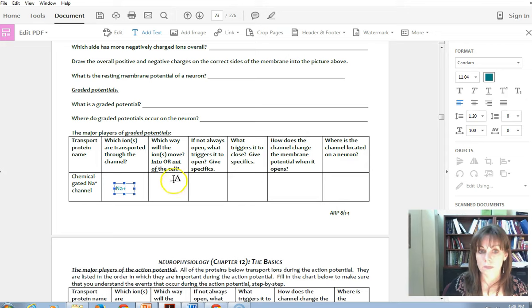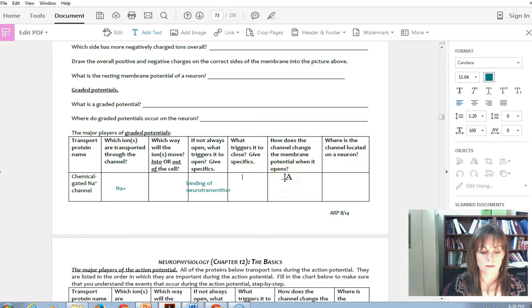Now we'll answer this next thing right here in a minute, but let's go to this. If the gate is not always open, what triggers it to open? Well, this would be binding of neurotransmitter. And what triggers the gate to close?